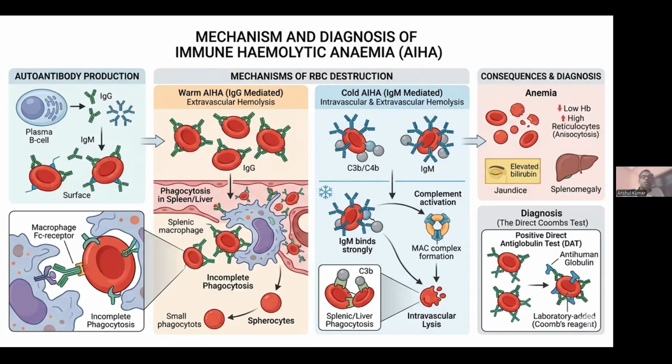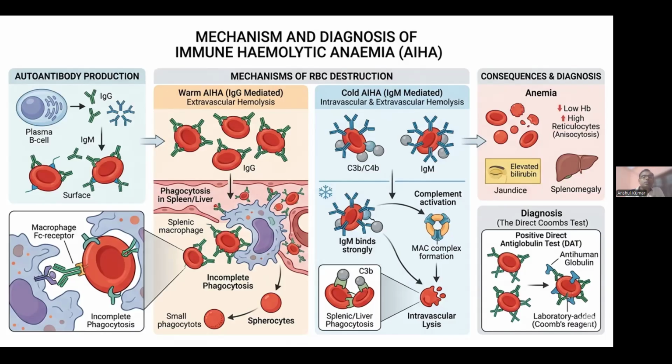Instead of damaging foreign cells, they start damaging their own cells. When these autoantibodies are produced against the red blood cells, they cause lysis of red blood cells, which leads to a reduction in the red blood cell count, and finally causes anemia. Here you can see the mechanism of RBC destruction.